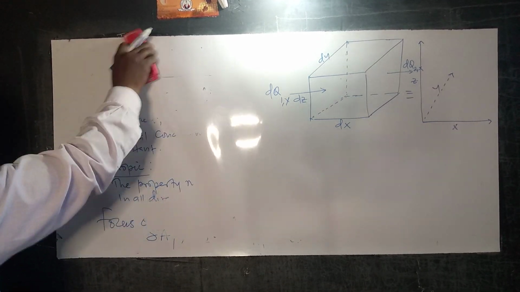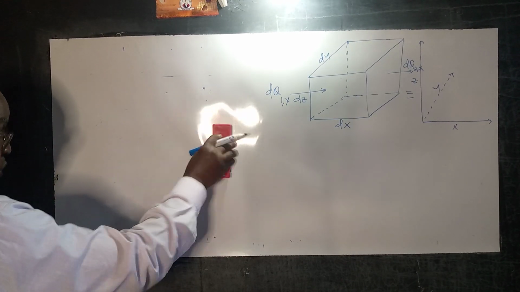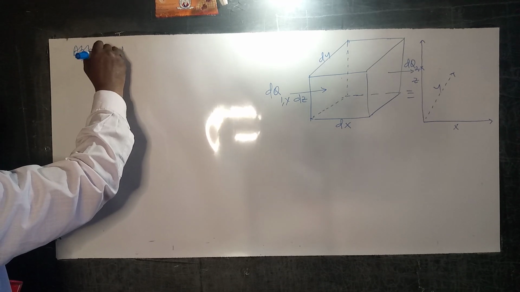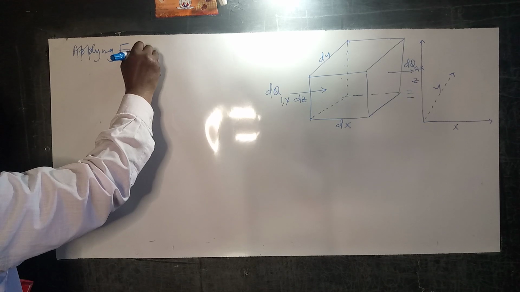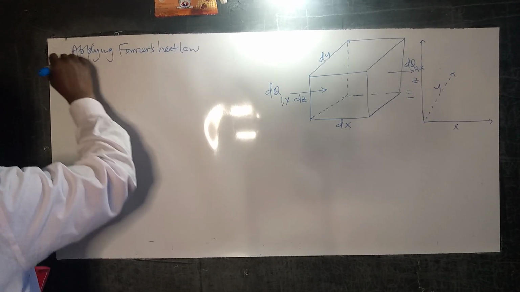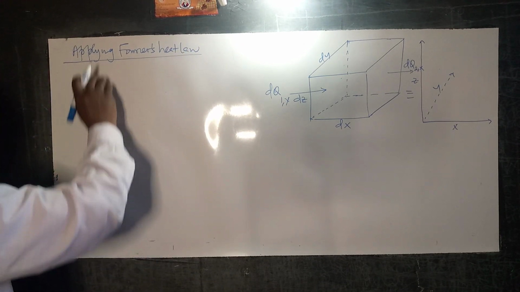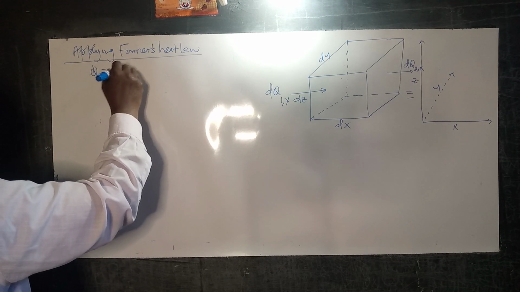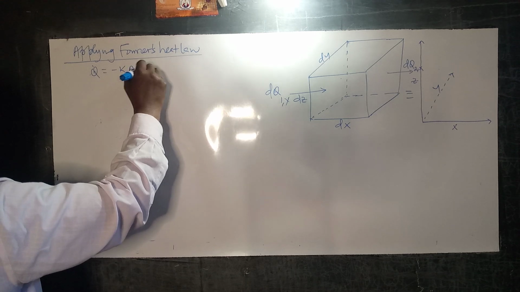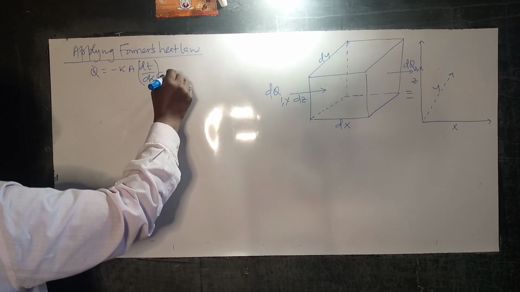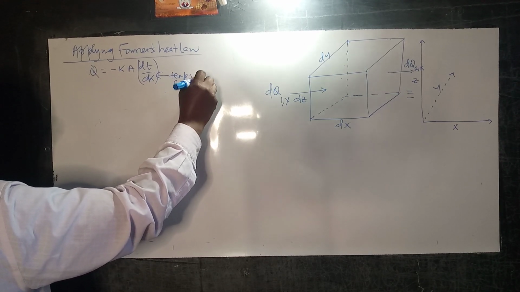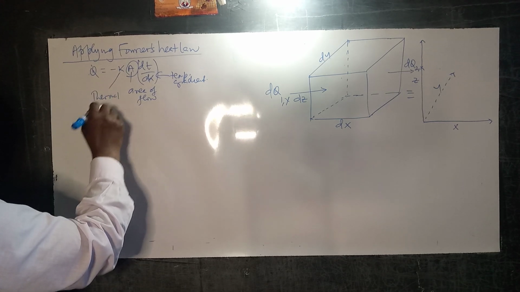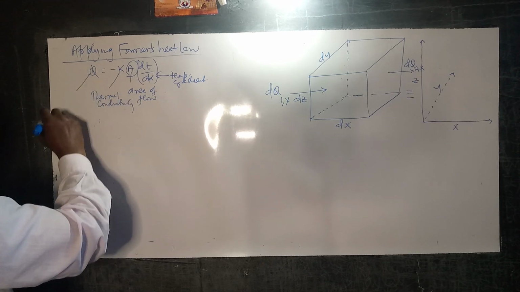So when we use the Fourier heat law to establish the rate of heat transfer in that particular system, remember that the rate of heat transfer is given by the temperature gradient, the area of flow, and the thermal conductivity, and this is the rate of heat flow.